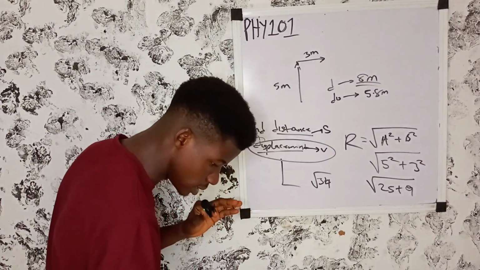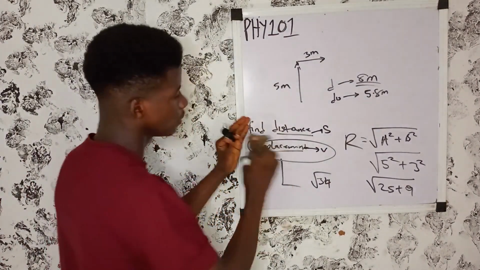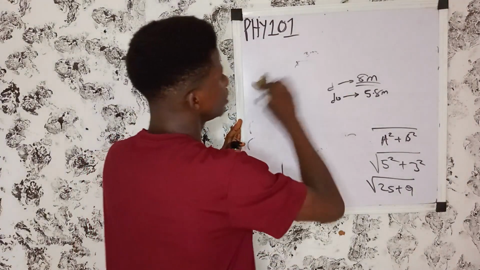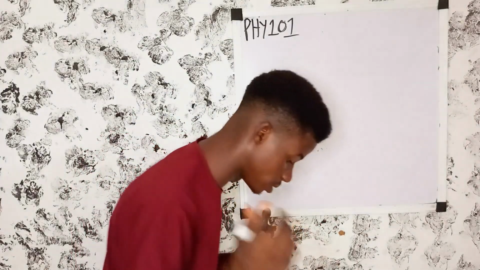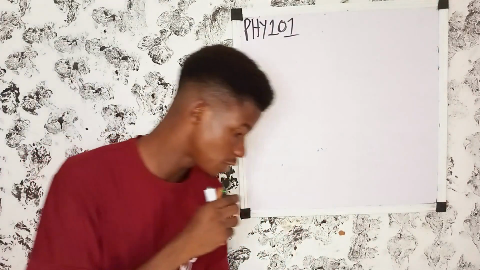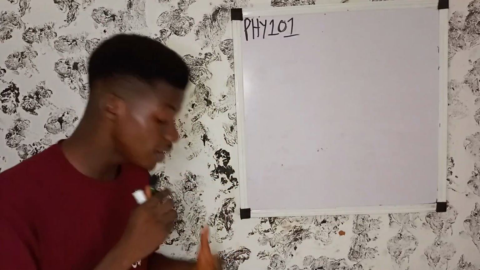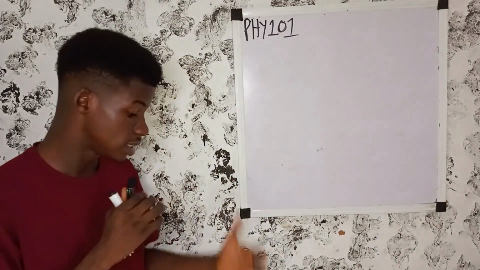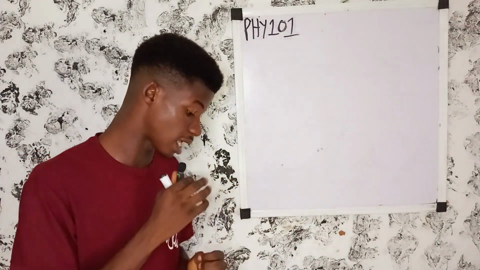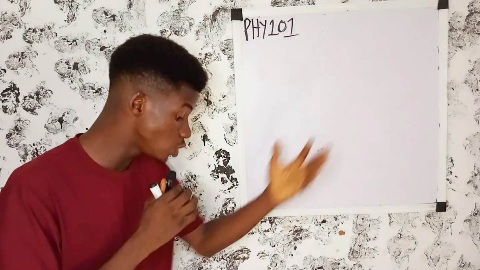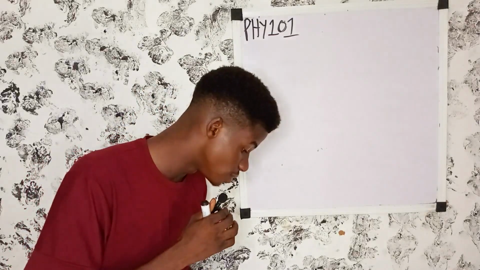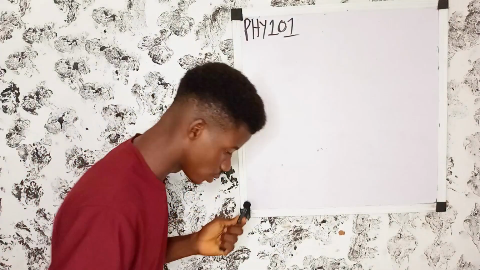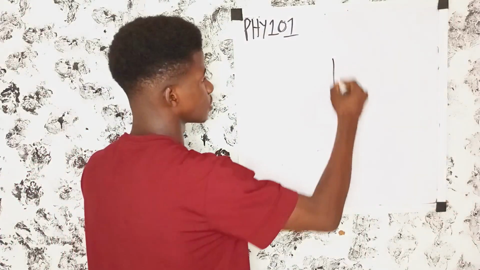Please check your textbook; let me just be calling out the question here. They say four forces, 8, 6, 2 and 4, act at a point O in the directions north, east, south and west. Find the magnitude of their resultant. So they said four forces.